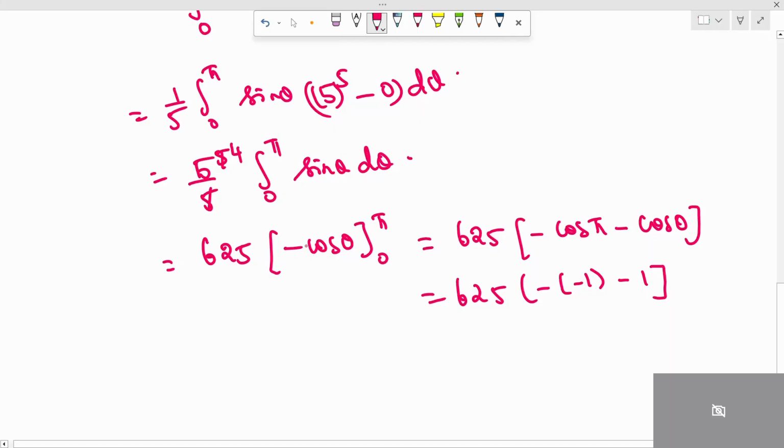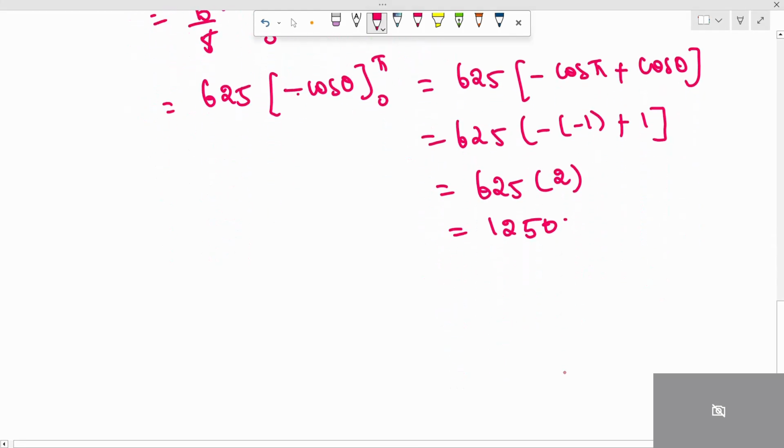Here this negative sign is common for both. In the lower limit one negative sign will come, which is plus here. 625 into minus, plus 1 plus 1, 2. Therefore the answer is 1250.